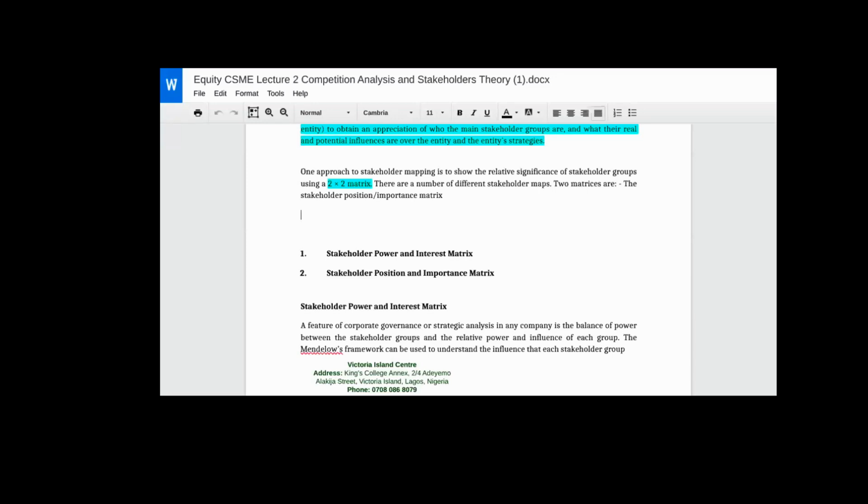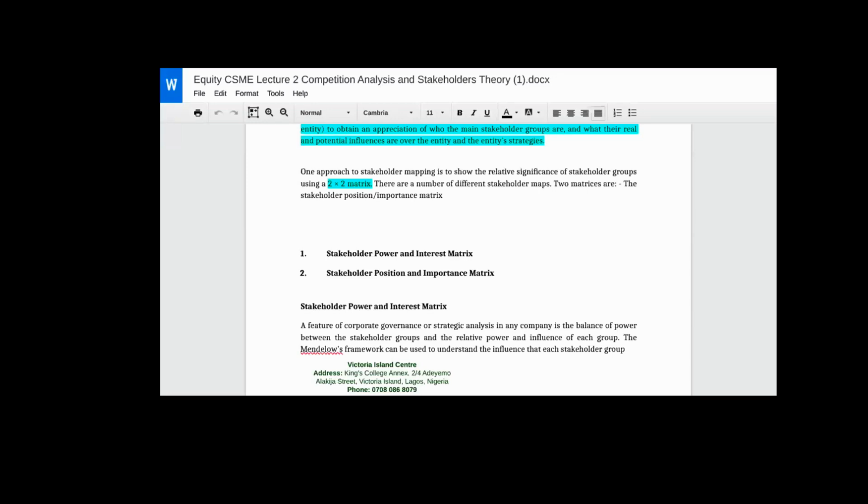But because of our vast knowledge of the literature on this topic, we discovered that Mendelow actually categorized stakeholders mapping into two: the stakeholders power and interest matrix and the stakeholders position and importance matrix. But I told you, I can always set questions on number one.